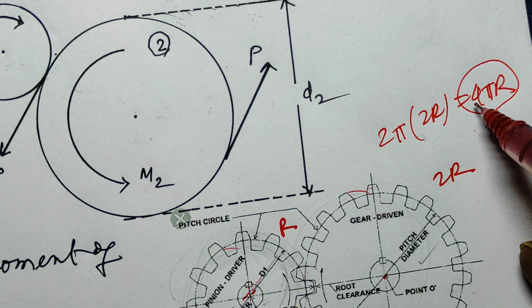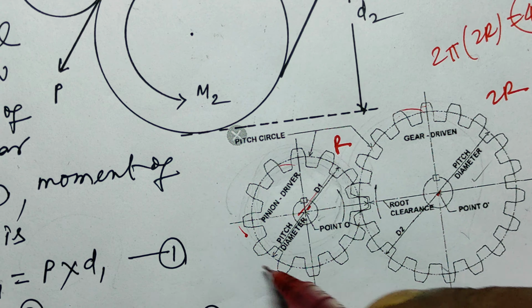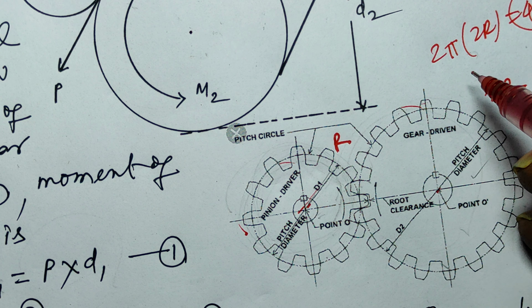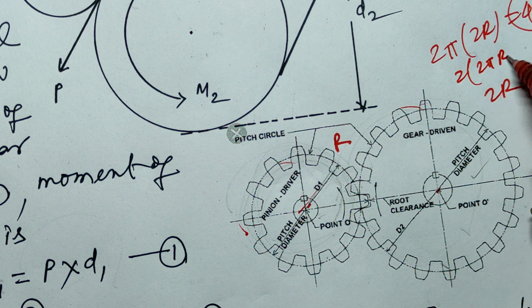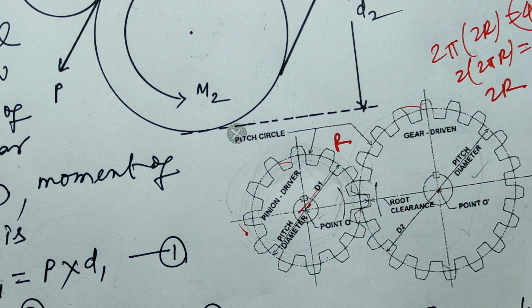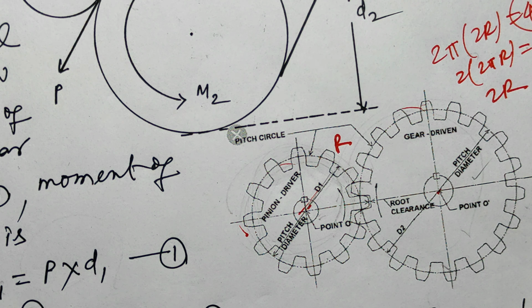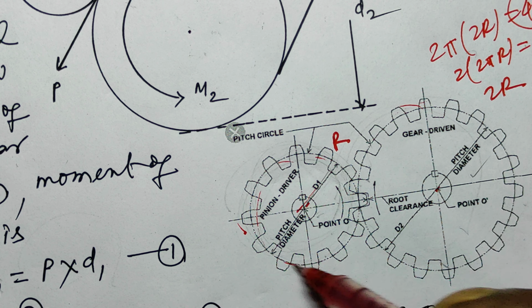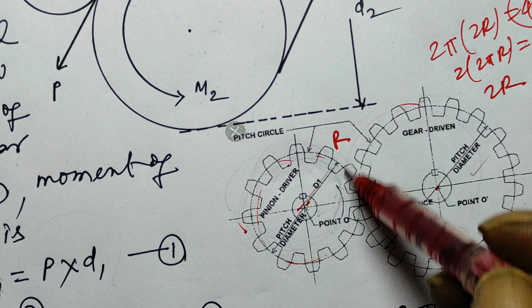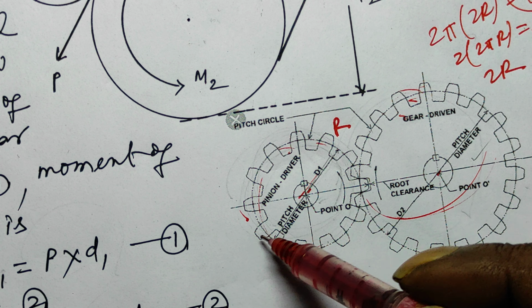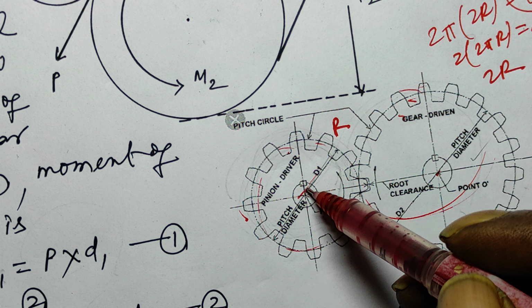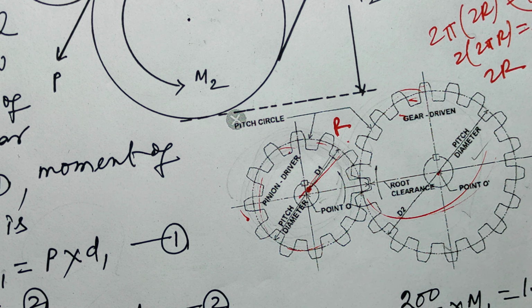To cover a distance of 4 pi r, it has to make 2 revolutions, meaning 2 times 2 pi r, equal to 4 pi r. That is a very interesting part of a gear. If the smaller one makes 2 revolutions, the larger one will make 1 revolution, or if the larger makes 1 revolution, the smaller will make 2 revolutions, if the radius of one is r and the other is 2r.